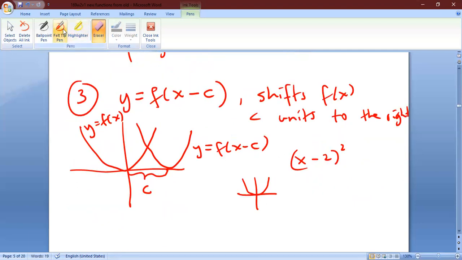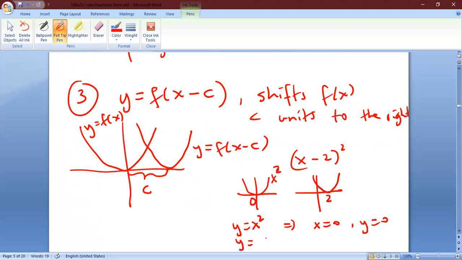Let's say this is y equals x squared, but if I write y equals x minus 2 squared, then it's going to be something like this, and this is going to be 2. In y equals x squared, if x is 0, then y is 0.